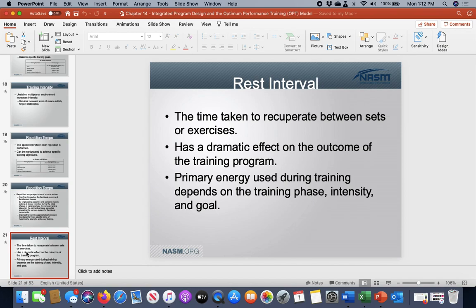Depending upon what your rest intervals are, it's going to be dependent upon what primary energy system you're going to be using. Typically you're not going to end up in an aerobic base when you're doing this, but depending upon reps, sets, and rest period, you may end up working not so much in that ATP-PCR system anymore.